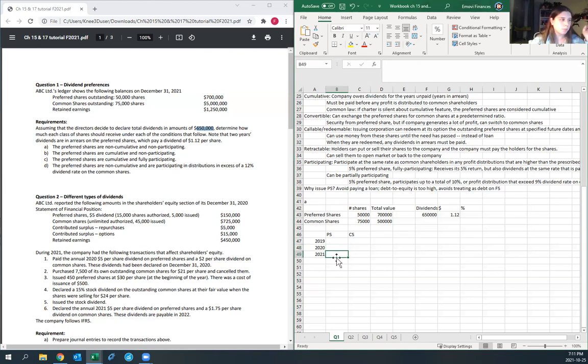You don't care about those. 2021 is going to be $1.12 times the number of shares, which is 50,000, which gives us $56,000 for the preferred shares. And for the common shares, you get the rest. So it's 650,000 minus whatever we calculated for the preferred shares. So it gives us common shares a dividend of 594,000.